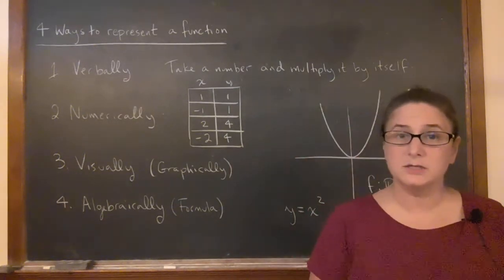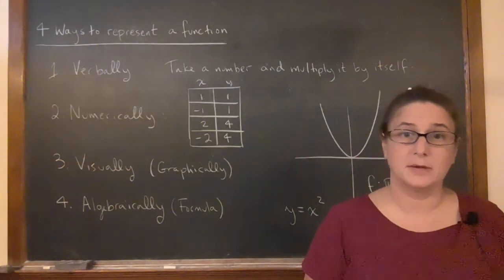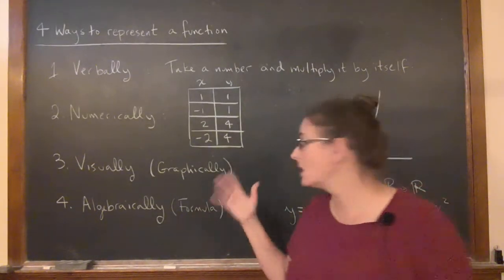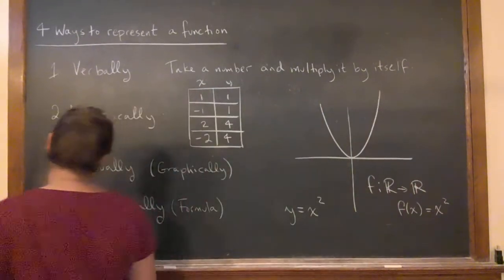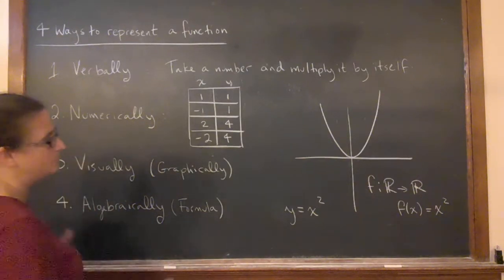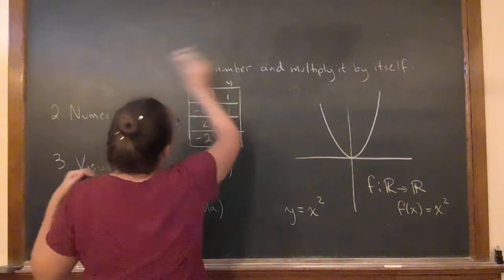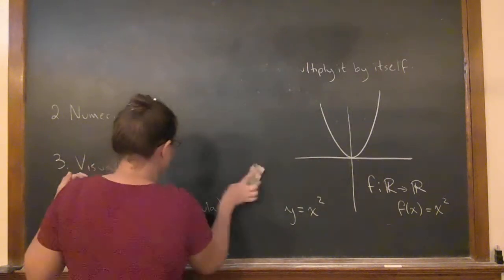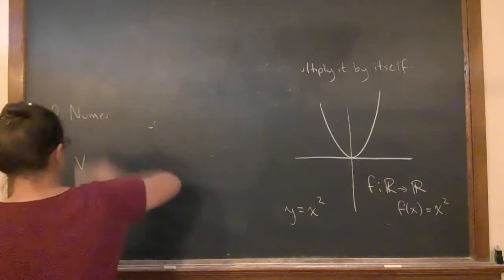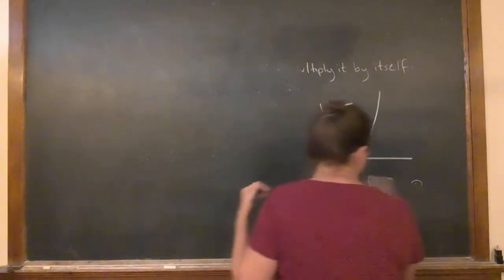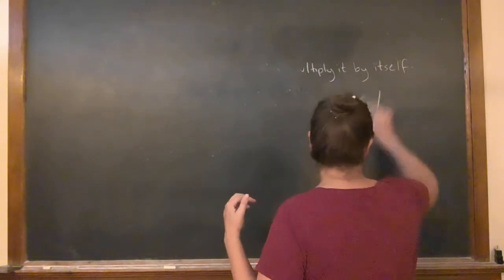Now, let's talk a little bit about some other examples of functions, because so far I've only got this one up here. There will be another video where we go through the basic common functions that we'll be using, so I'm not going to do that right now. But I wanted to do an example with some piecewise defined functions.